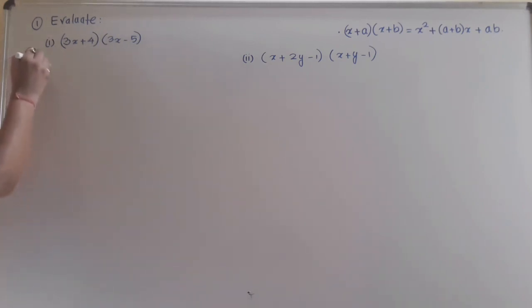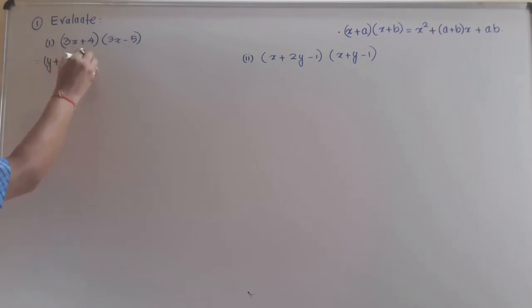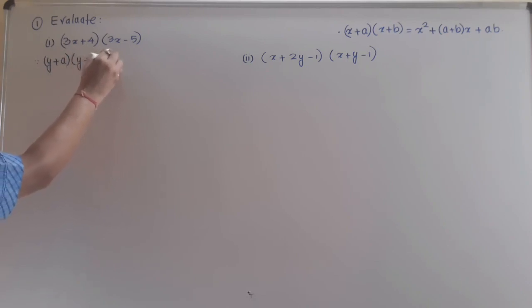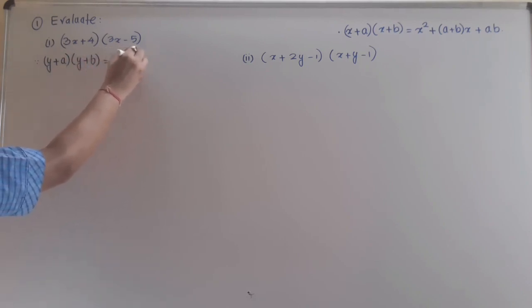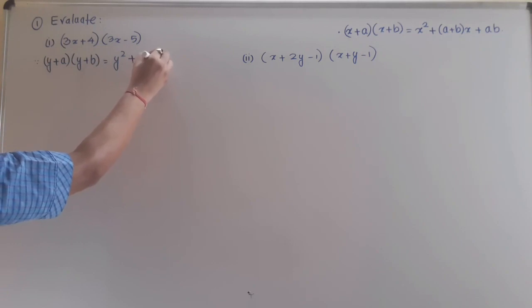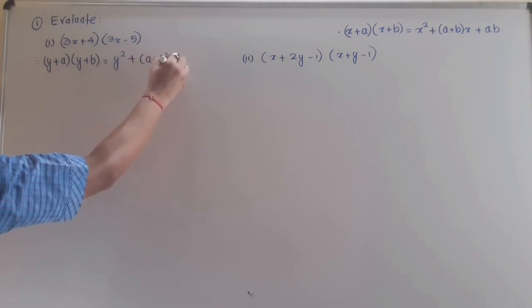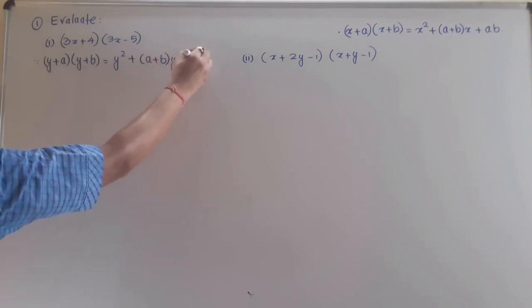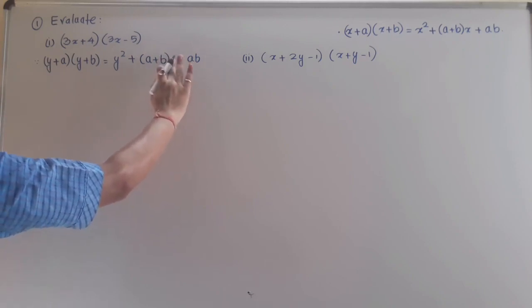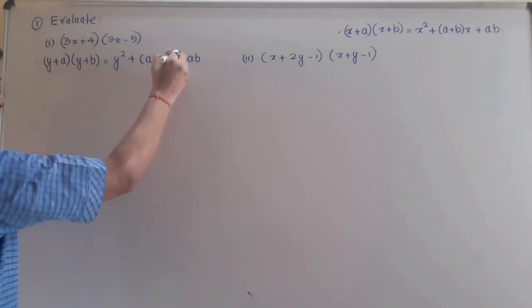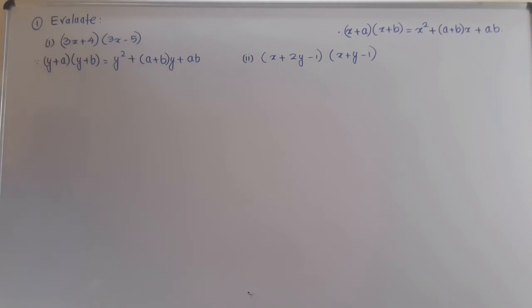So first of all I will write down the formula here: (y plus a) into (y plus b) is equal to y square plus (a plus b) into y plus ab. Okay, so this is the given formula to us. The formula is the same, only in place of the variable x I am taking the variable y.